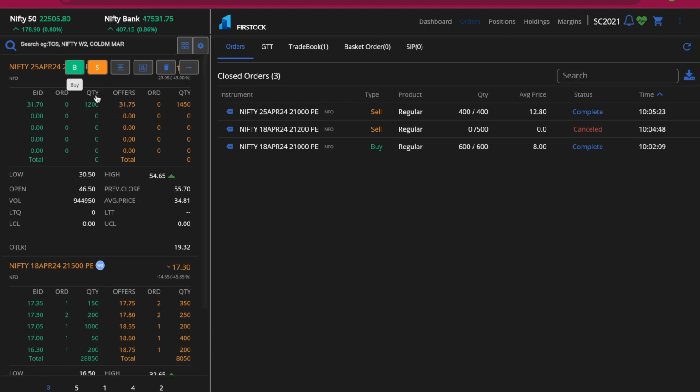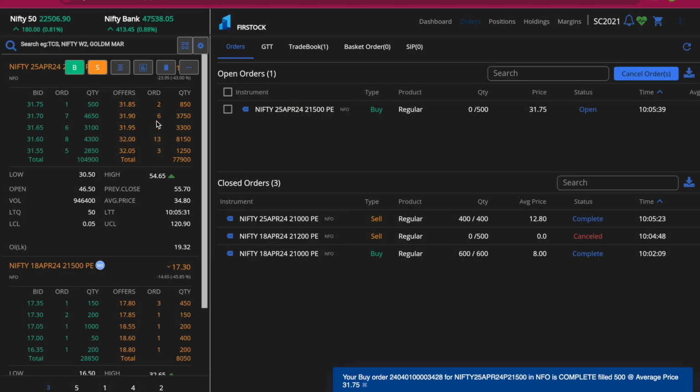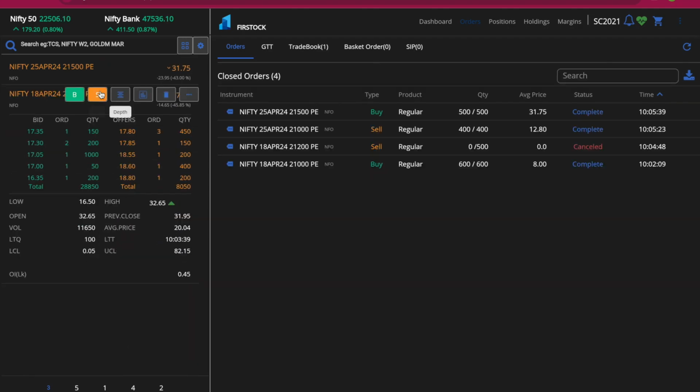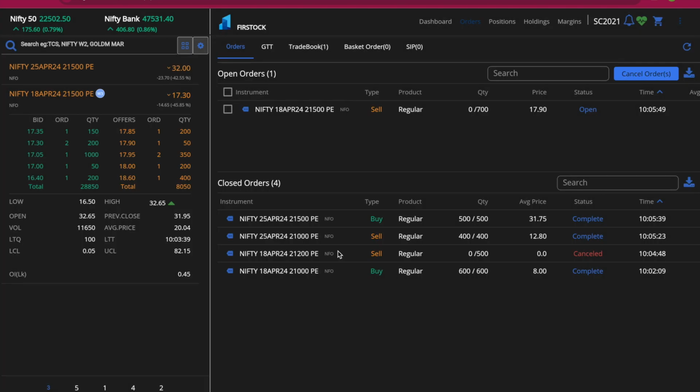Here we go ahead and buy this 25th April. We'll buy the 500 lots at 31.75. And here we'll go ahead and sell this at 17.9. Let's see if it gets sold.